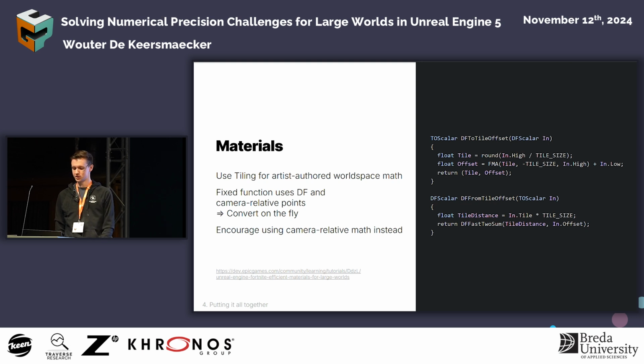And with each engine version, we're making it easier to avoid absolute world space in materials. And I've included a link here to a document that I wrote that goes through several different examples that we found in Fortnite and how you might approach replacing those.